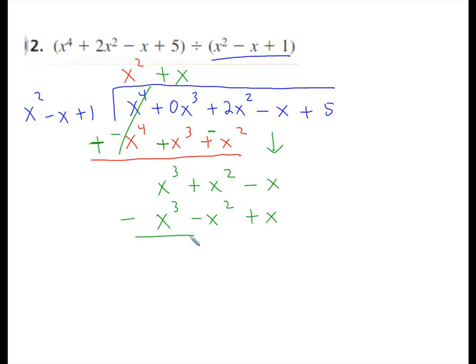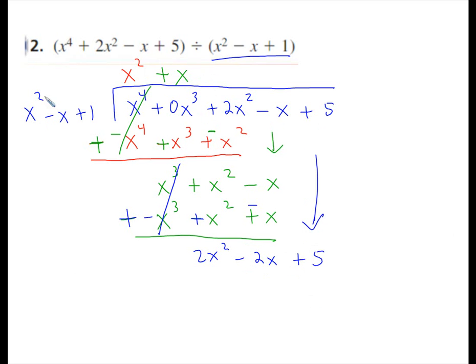I subtract, so that means I'm going to add the opposite. So the first term should always cancel. Looks like that's going to give me 2x squared minus 2x. Bring down the next value, plus 5. Repeat the process.